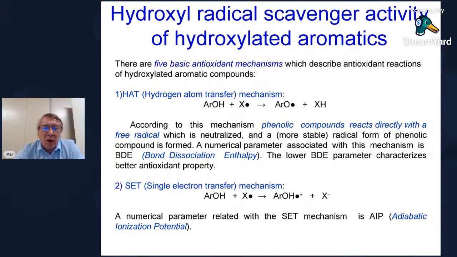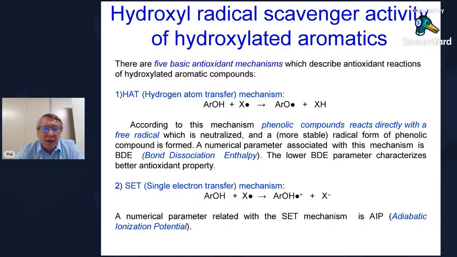Experiments and theoretical calculations showed that when the aromatic ring possesses hydroxyl substitution, the radicals, among them the hydroxyl radicals, primarily attack the hydroxyl group.